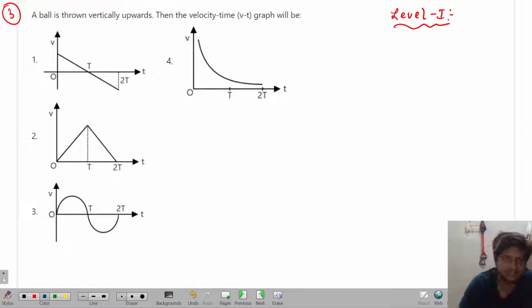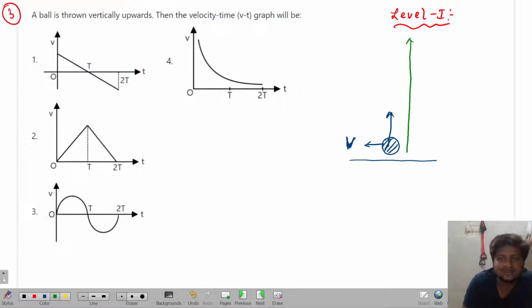Okay, I'll discuss this. A ball is thrown vertically upward. So this is my ground. I throw one ball vertically upward. So I'll throw with the maximum velocity, or not? Tell me yes or no. I'll throw with the maximum velocity. What is going to happen? You know that in upward motion the ball reaches some maximum height.